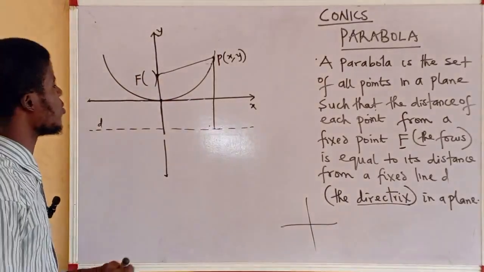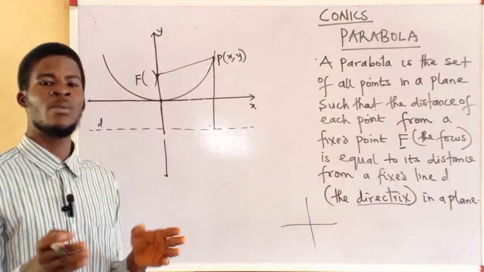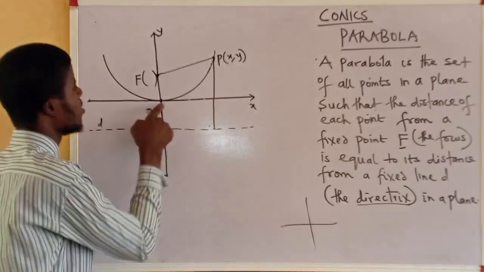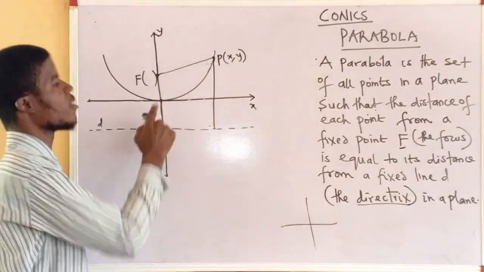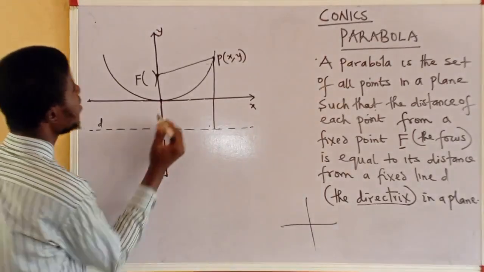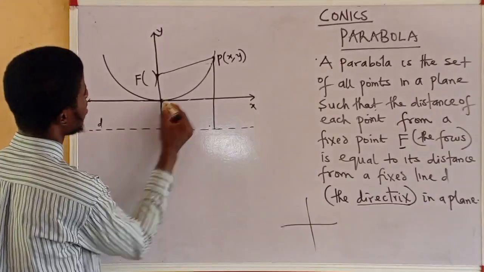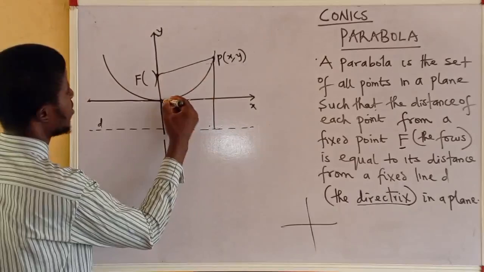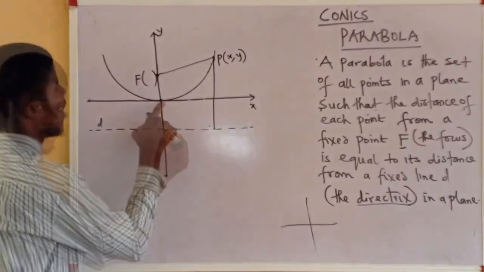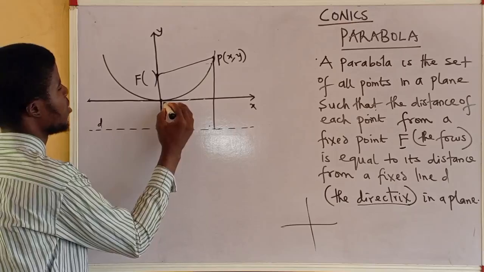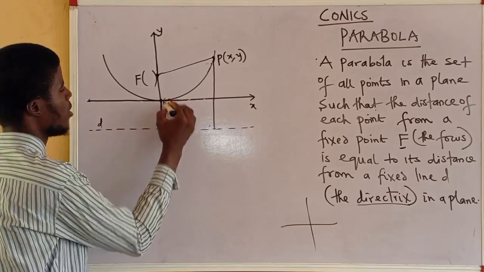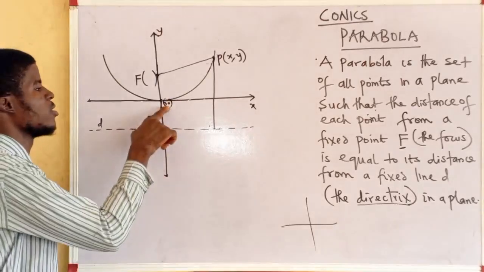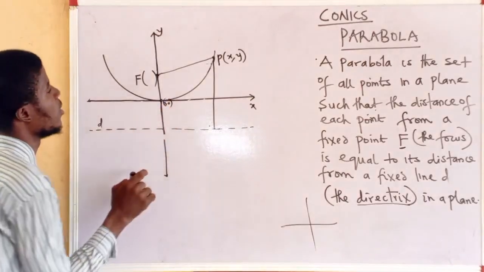So here we are trying to consider the equation of a parabola where the vertex is at the origin. The distance from this vertex to the focus is the same as the distance from the vertex to the directrix. At this point, it is 0, 0. That is the coordinate of the vertex.